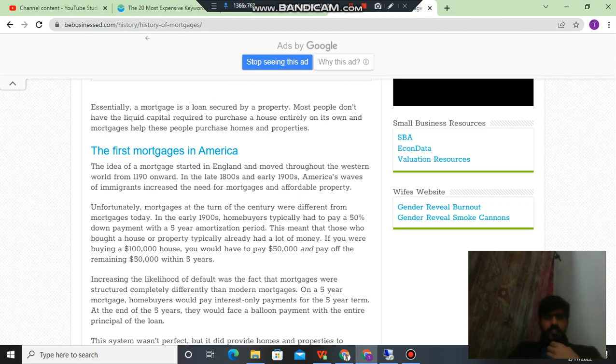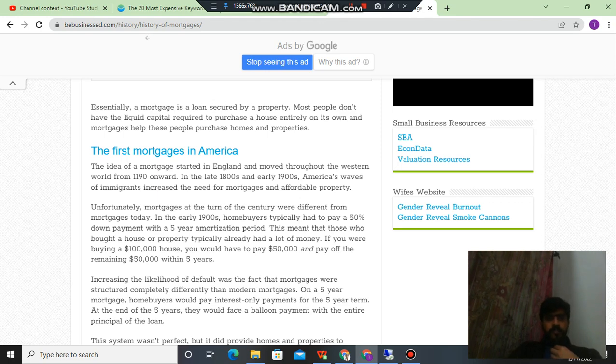The first mortgage in America. The idea of a mortgage started in England and moved throughout the Western world from 1190 onward. In the late 18th and early 19th century, waves of immigrants in America increased the need for mortgages and affordable property.